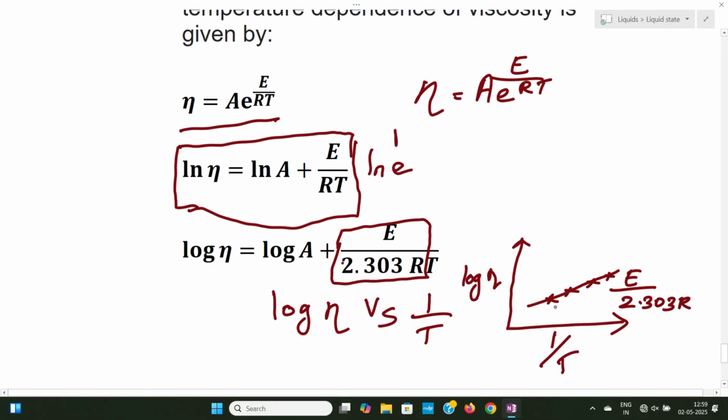Therefore, we can verify this equation. When we plot the graph of log eta versus 1 by T, we get a straight line with the slope E by 2.303 R and the intercept of log A.